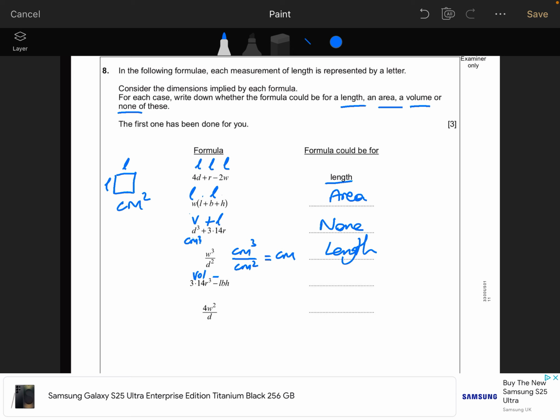And we're taking away, there's 3 lengths multiplied together, so that's another volume. So a volume take away volume is another volume. And then finally, we've got 4 times a length squared. Well, we can think of that as centimetres squared, an area, over a length, which is centimetres. So that's just going to be centimetres or a length.